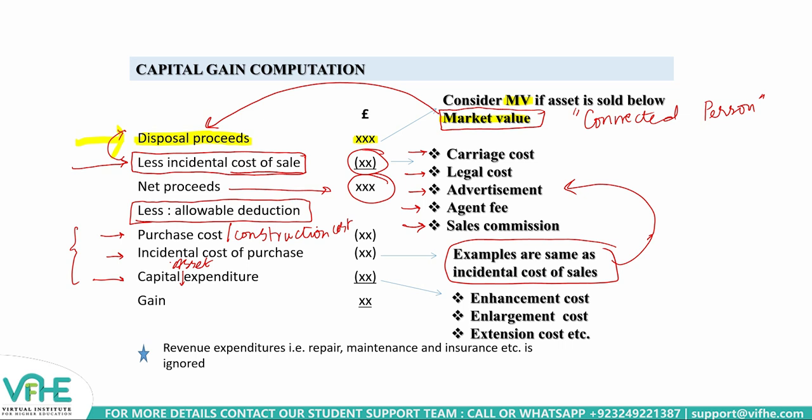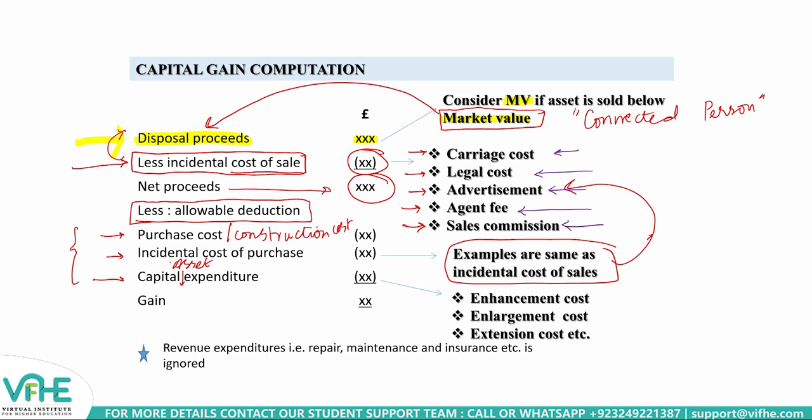If we wanted to purchase an asset, at the time of purchasing the asset we may have paid certain carriage cost, or for the sake of purchasing a chargeable asset we may have paid a legal cost, an advertisement cost, or we might have involved an agent to whom we have paid a fee or commission. So any expense that is associated with the purchasing activity of a chargeable asset is said to be the incidental cost of purchase.